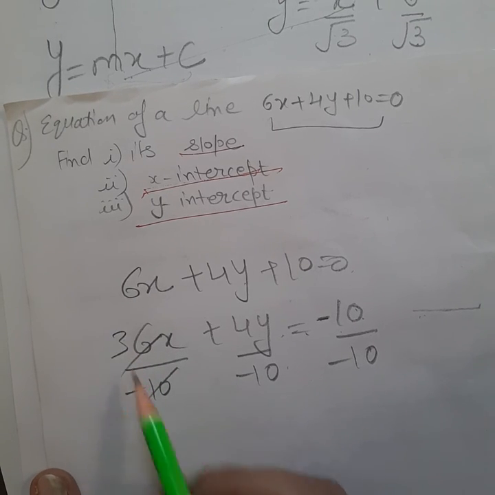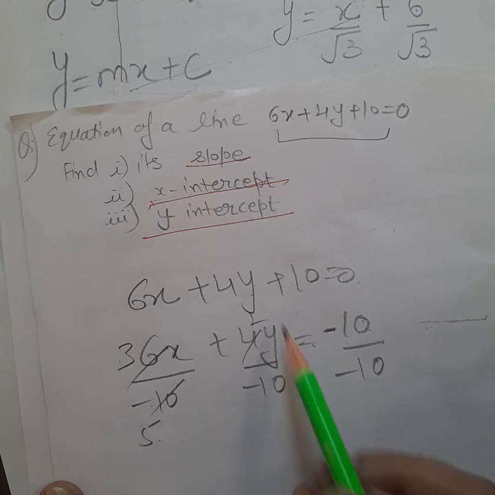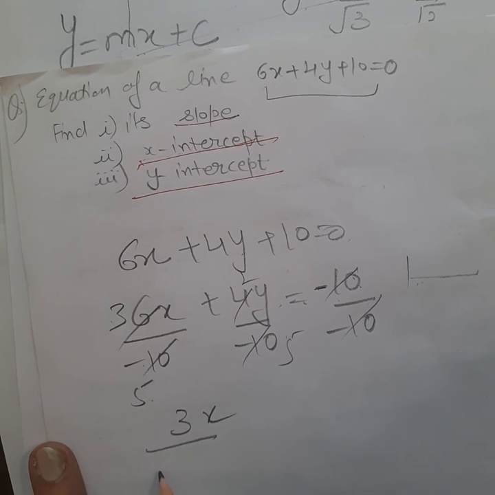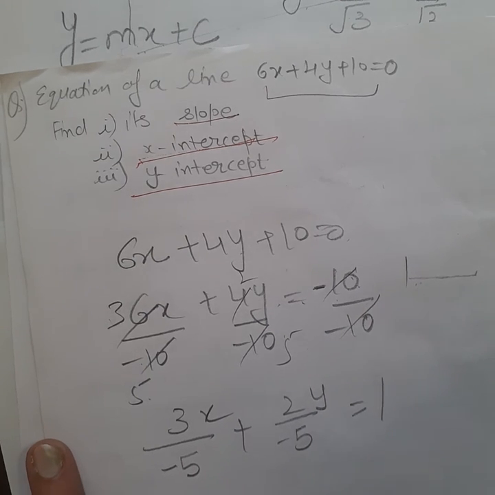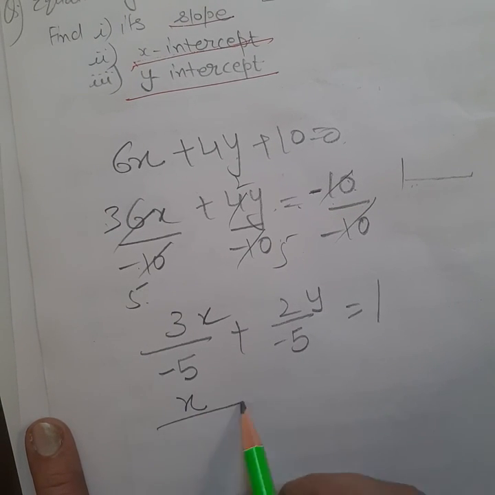After dividing, you get 3 upon minus 5 and 2 upon minus 5, and we get 1 on the right hand side, and we can take 3 in the denominator.